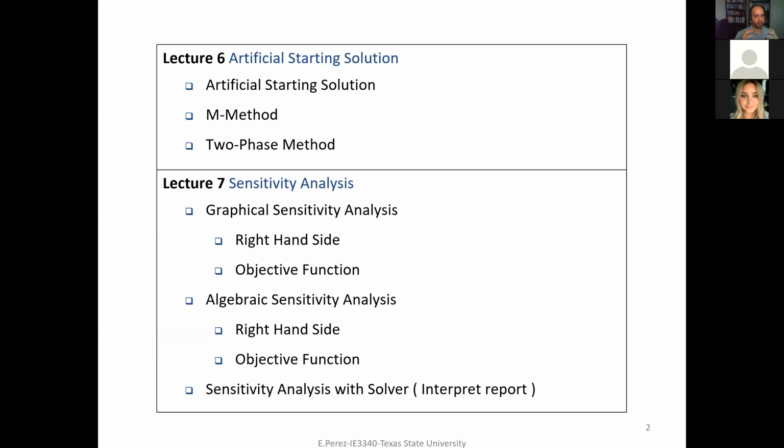So I can give you a problem. I can show you some pieces of the first and second iterations, and then you should know how to complete those tables by looking at the problem and looking at the information that is already there. So I can, for example, ask you to perform the minimum ratio test for a tableau.